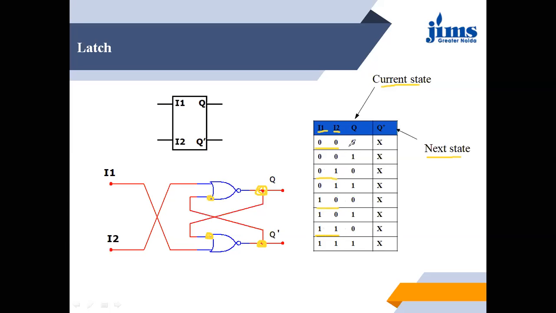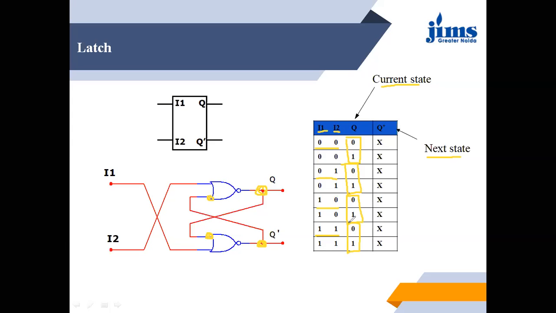Then I took two values for 00, that is 0 and 1, two values for 01, two values for 10, and two different values, 0 and 1, for 11. These two values show the change in the input.